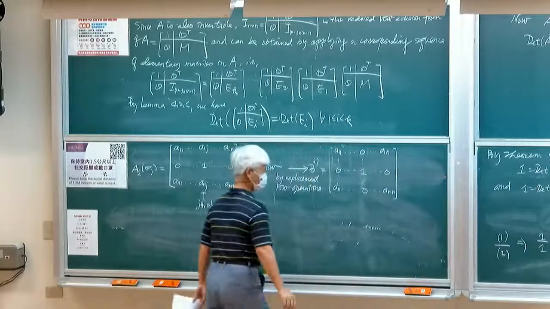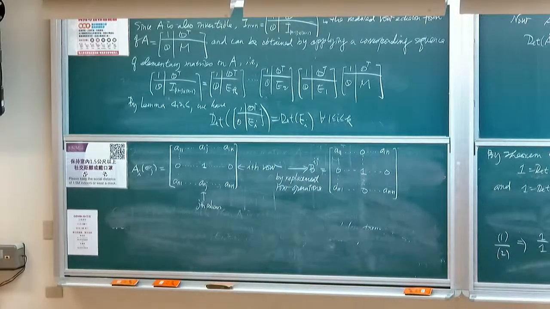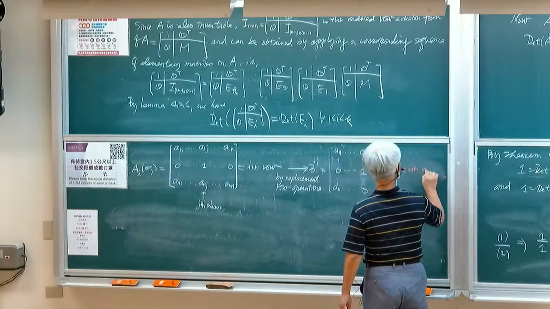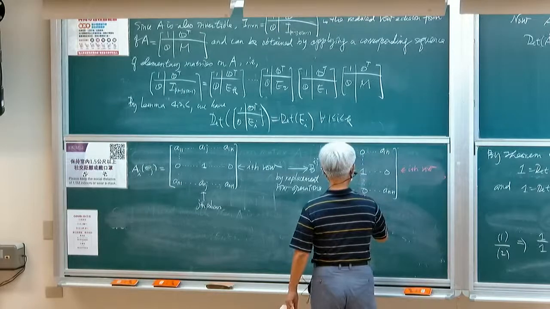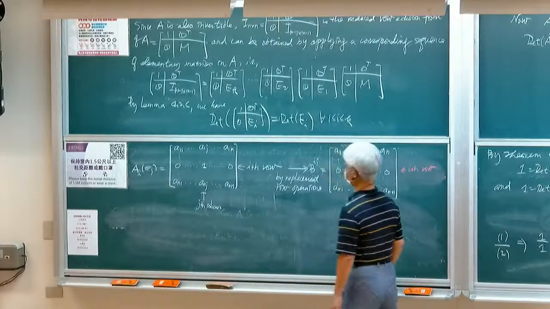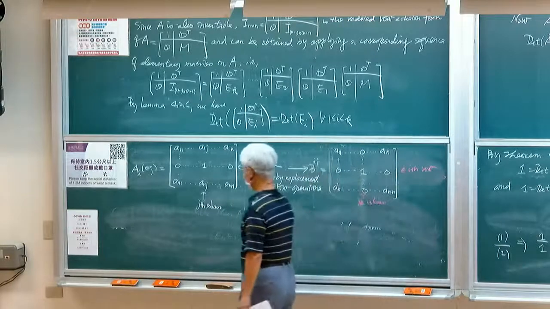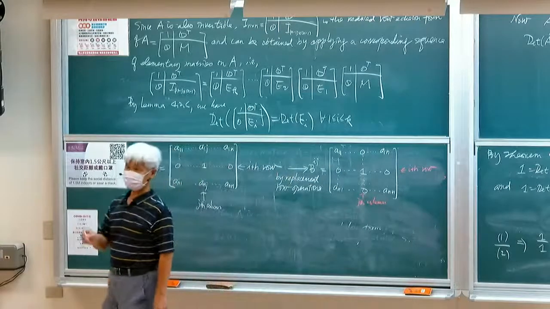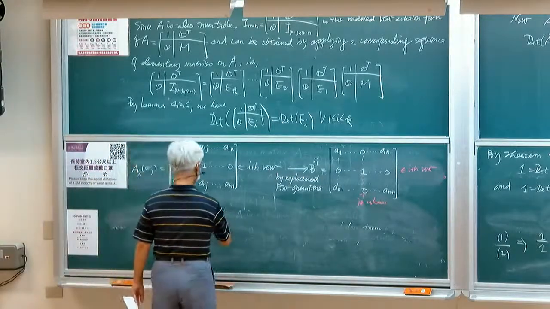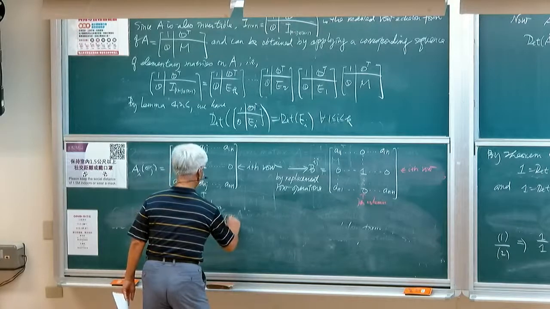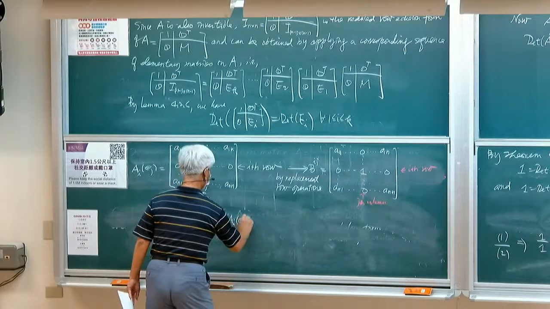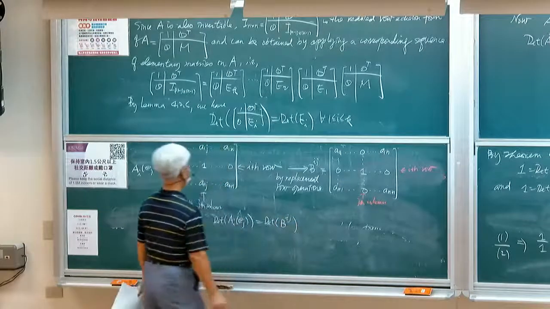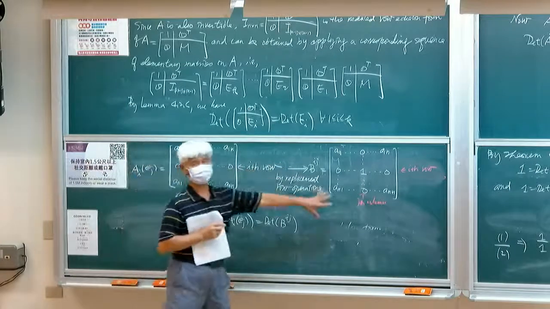All right, so this is the ith row and this is the jth column. And when we're doing these operations, we will not change the value of the determinant. So the determinant of A_i(Ej) will equal the determinant of Bij. So these two matrices have the same determinant.